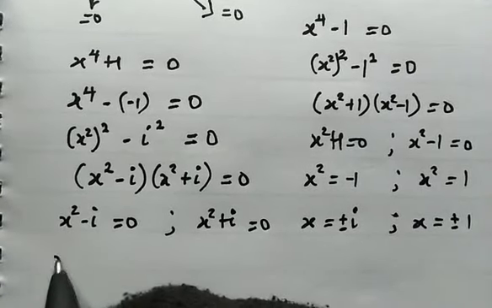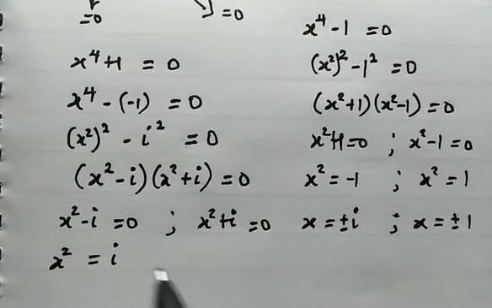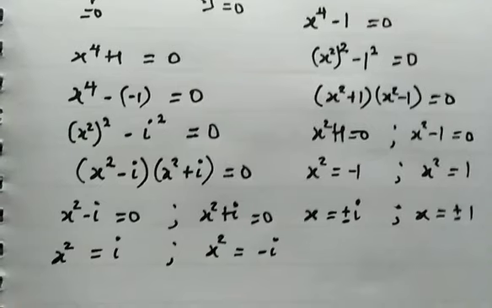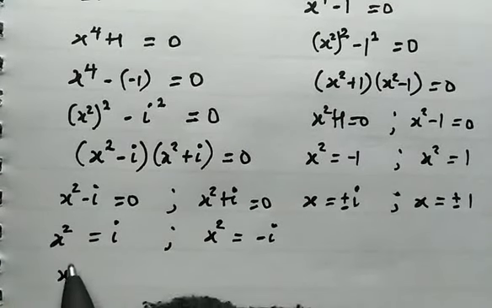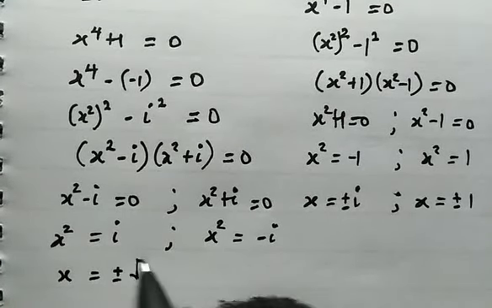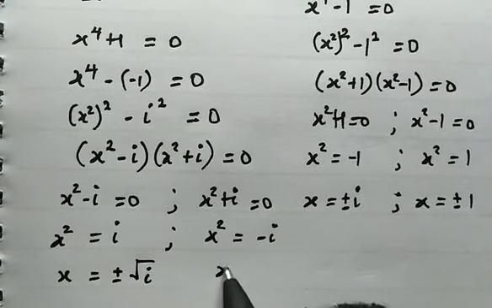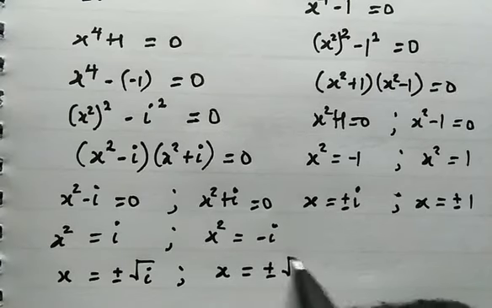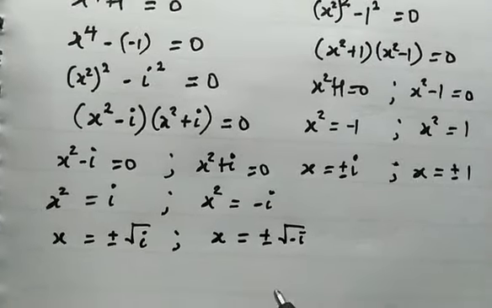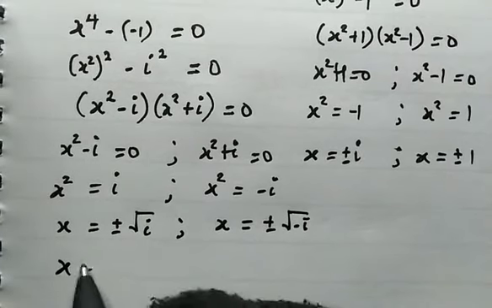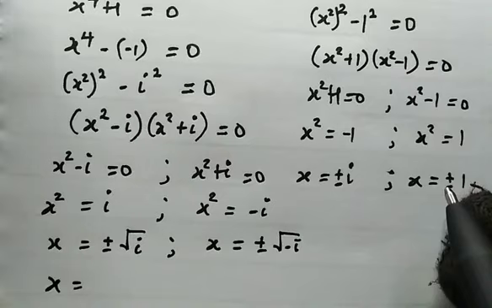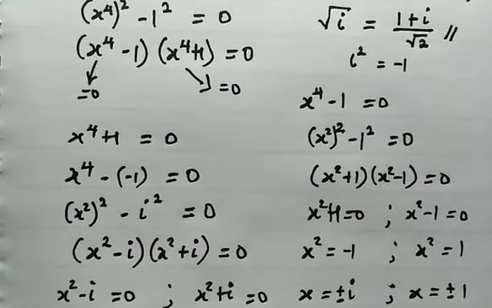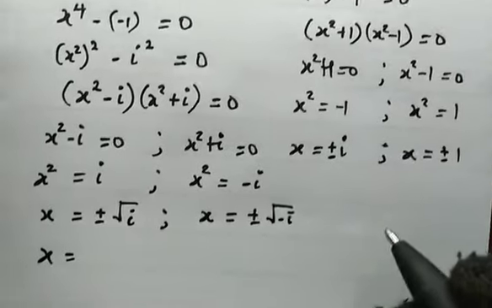So from here, add I to both sides, we get x squared is equal to I. From here, x squared is equal to negative I. Take root of both sides, we get x is equal to plus or minus root of I. And here, x is equal to plus or minus square root of negative I. Now, remember I told you guys earlier that we'll be making use of this square root of I, the principal value for the square root of I, which is 1 plus iota divided by root 2, right?